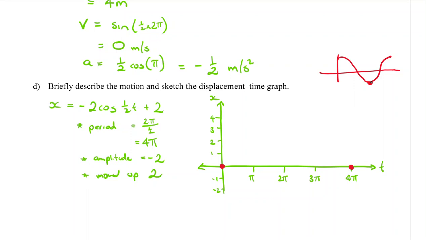Okay, I need to times that by 2 and invert it. So it's going to be at 2 first of all, but then I have to move it up 2 and it will be at 4. Yes. So doing all the little moves, in the middle, it is going to end up at 4. Is that okay with everybody? So in between, if you're going from 0 to 4, at pi, it's going to be at 2.